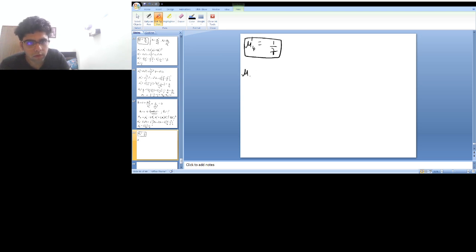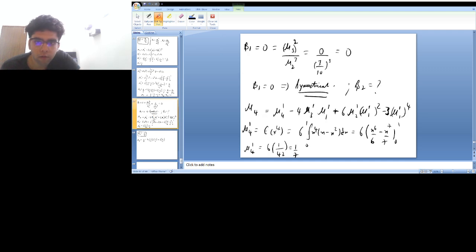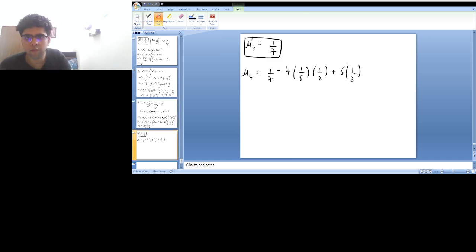I need to substitute this in the expression. The formula is 1 by 7 minus 4 times the third moment with respect to the origin, which was 1 by 5, and then plus 6 times the square of half into 3 by 10, minus 3 into half to the power 4.